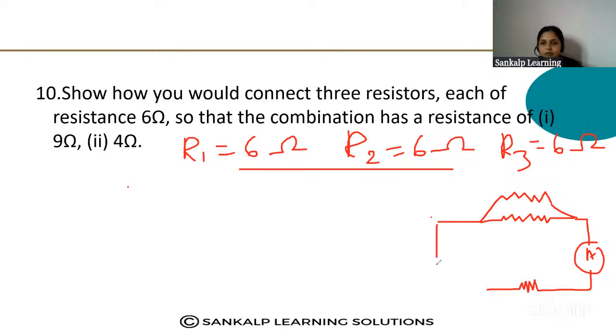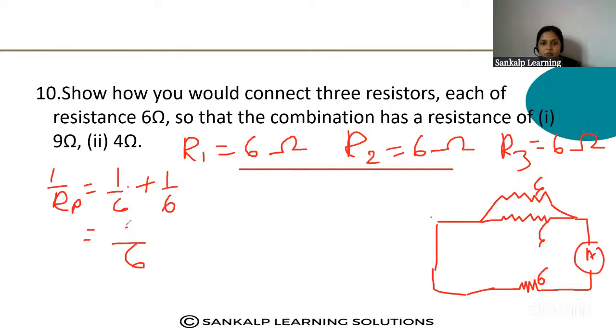So like this, 6 ohm, 6 ohm, and this is 6 ohm. So now I will take 1 by Rp is equal to 1 by 6 plus 1 by 6. Please write the formula, and 6 divided by 2. So Rp is equal to 3 ohm.